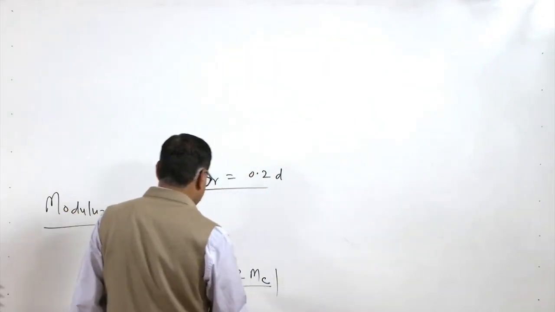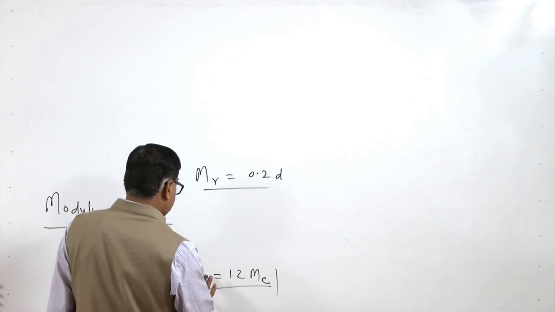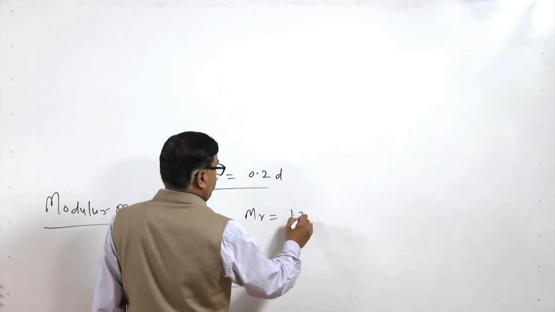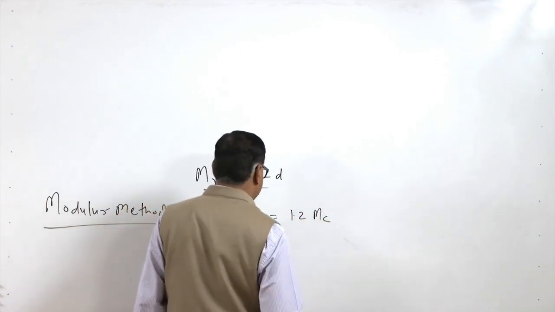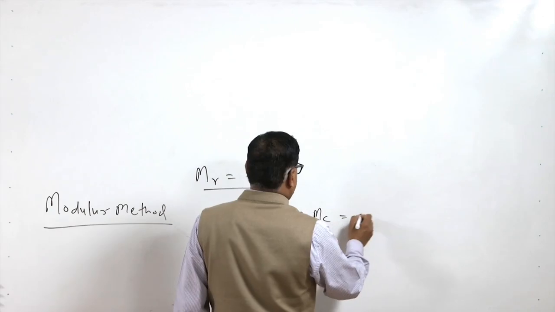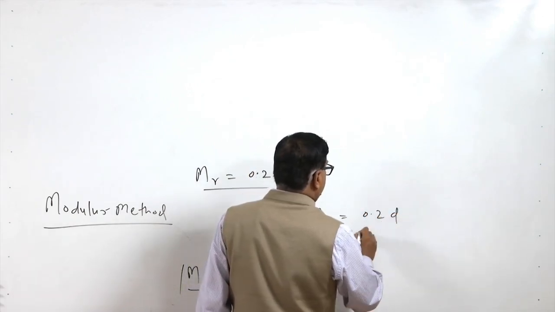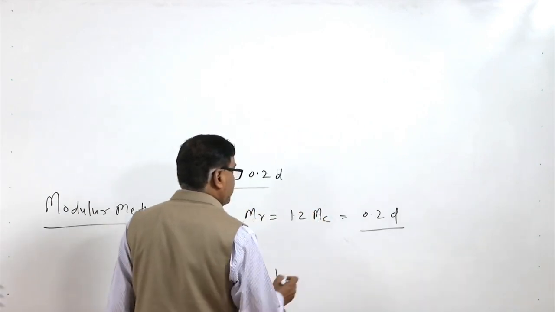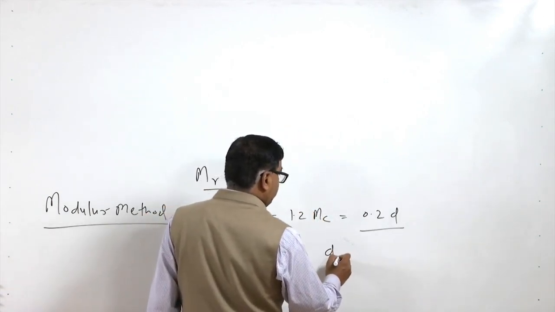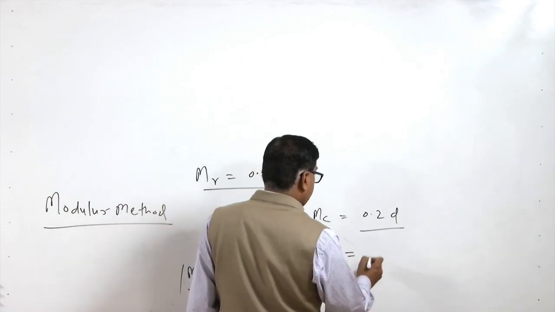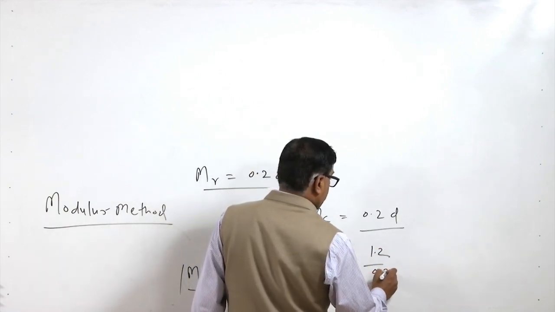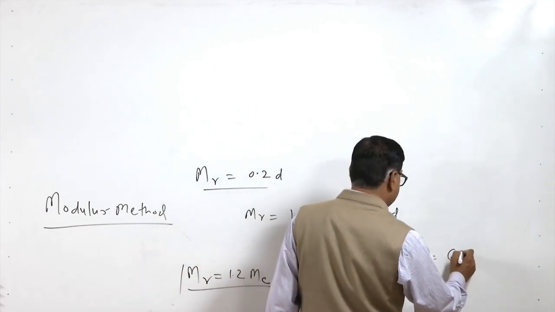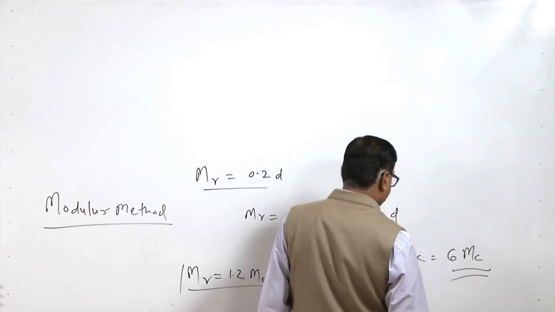So, MR is equal to 1.2 times the modulus of the casting, which is equal to 0.2 times the diameter of the riser. So, the diameter of the riser will be equal to 1.2 divided by 0.2 into MC, which is basically 6 times the modulus of the casting.